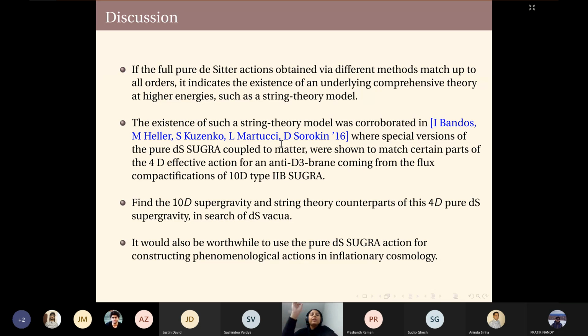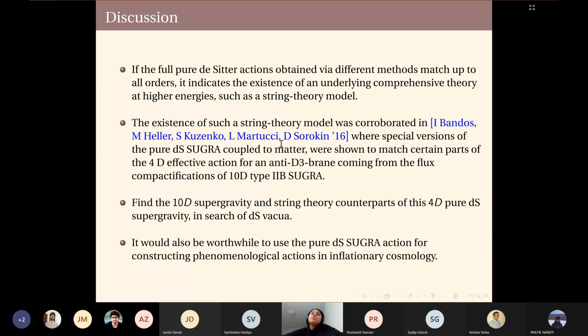They showed that it matched the 4D effective action for an anti-D3 brane that was coming from the flux compactifications of 10-dimensional type IIB supergravity, which was constructed using the KKLT method. And the anti-D3 brane was confined at the bottom of some strongly warped throat. So that's quite an interesting result. So it already is giving us indications that this pure dS action that we are working with has some kind of counterparts in string theory and 10D supergravity.